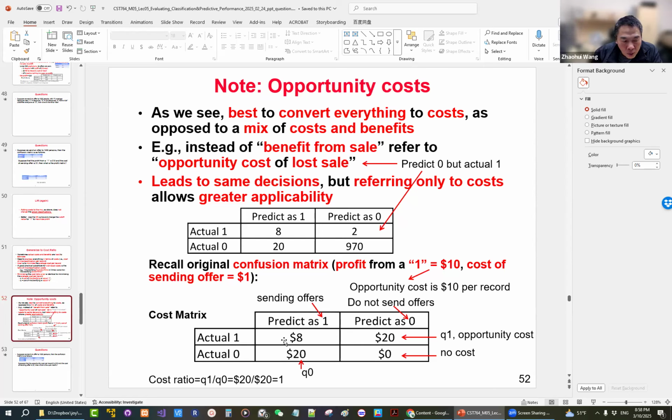So the cost will be the number of cases plus $1, because they have response. So the cost will be $1 for one case. The 20 predicted Y, actual 0, they also have a cost. 20 cases, one case $1.